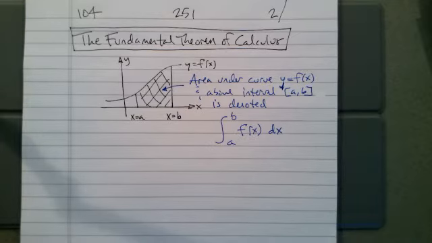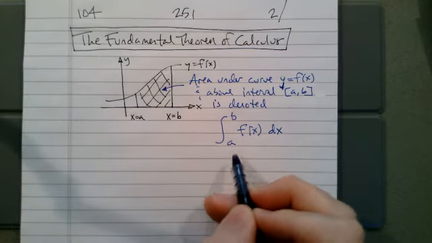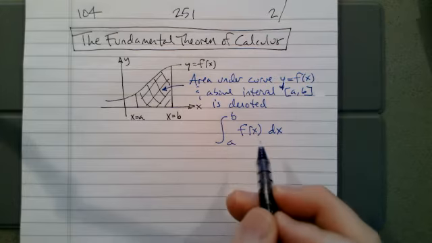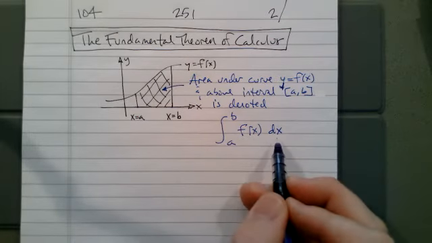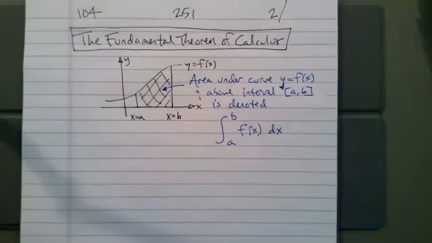So we're going to say that the area under the curve f of x and above the interval from a to b will be denoted by this symbol. This symbol is going to be the definite integral from a to b of f of x dx. So let's write that out.